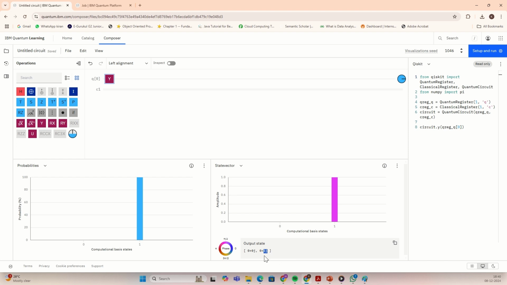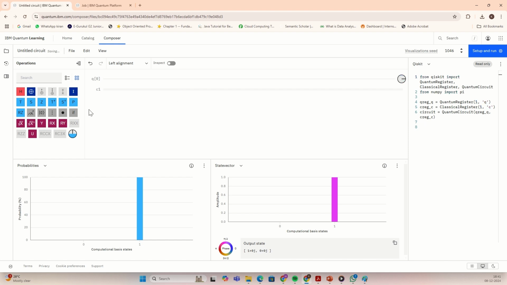You can see over here that this is a complex number, 0 plus 1j. So when we apply the Pauli Y gate on |0>, we get the output as i times |1>, right?